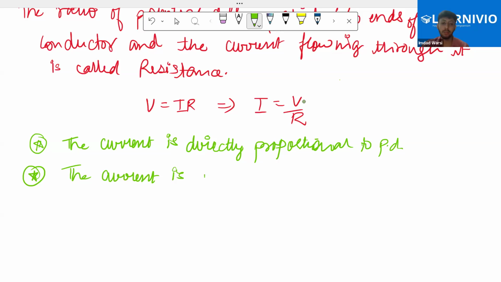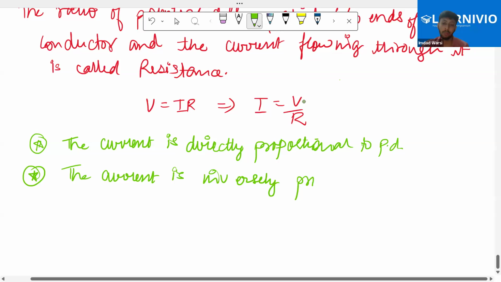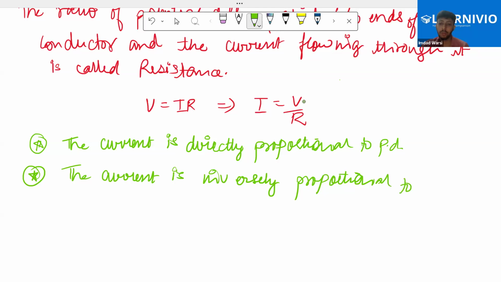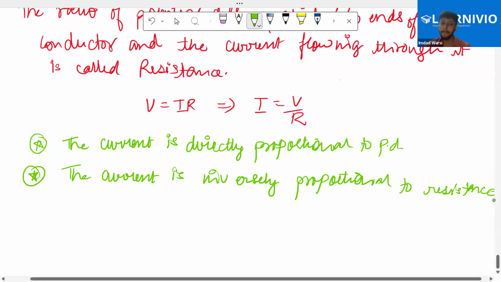The current is inversely proportional to the resistance. Okay.